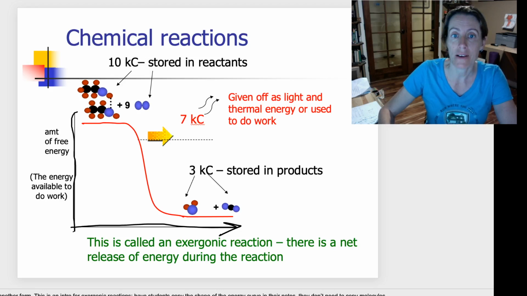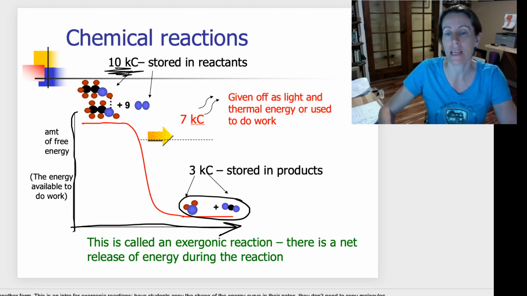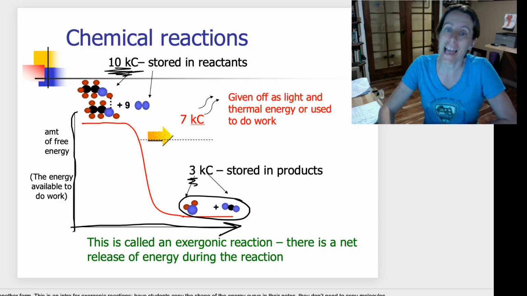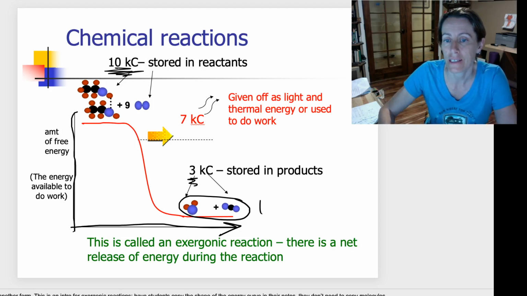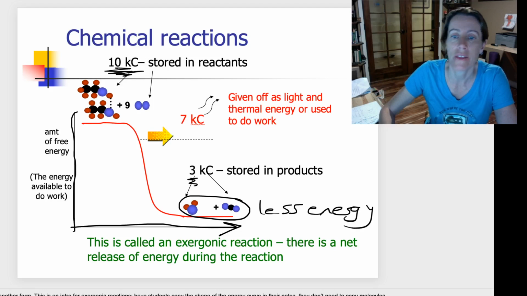And like we said, there are 10 kilocalories total in all these bonds up here, 10 kilocalories. We do the reaction and we end up with products, water and carbon dioxide, and the bonds in there all add up to only 3 kilocalories. So there's less energy stored in these chemicals than there is in the ethanol.